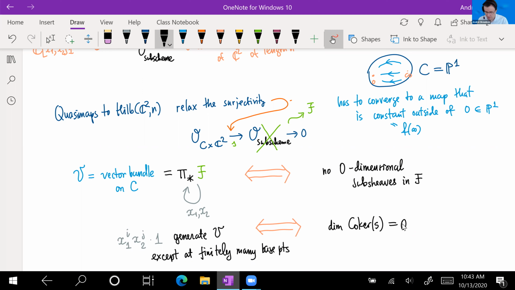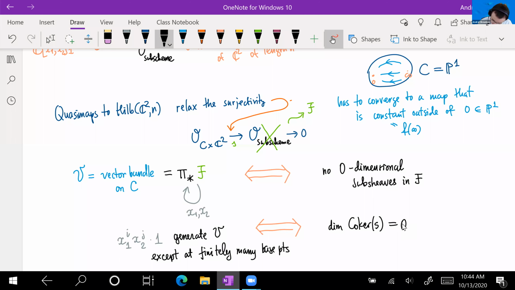So instead of having a surjective map, we change the condition: this map may fail to be surjective, it can have a cokernel, but the cokernel is zero-dimensional. On the other hand, the sheaf itself is pure one-dimensional. There's nothing zero-dimensional in the sheaf F.